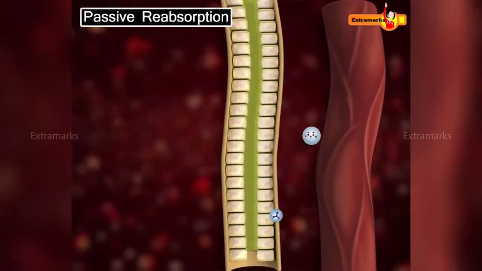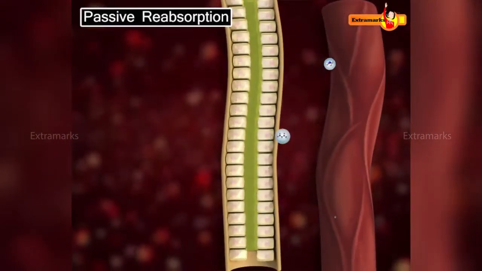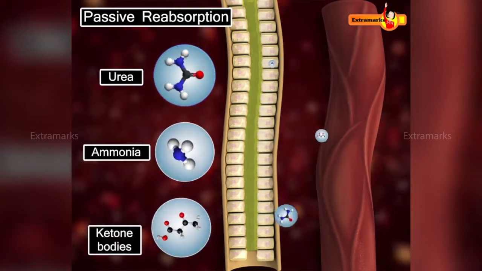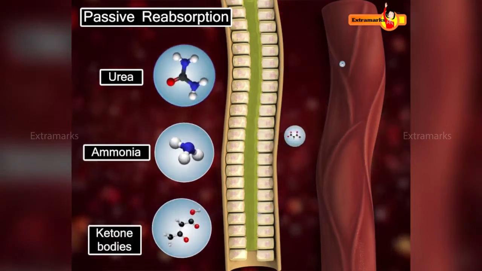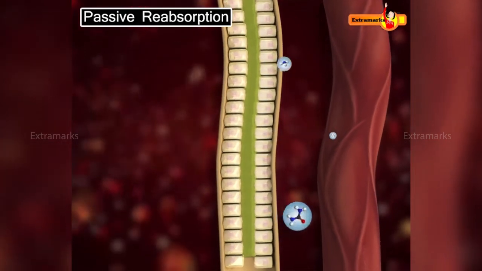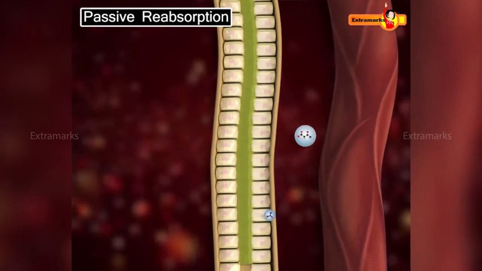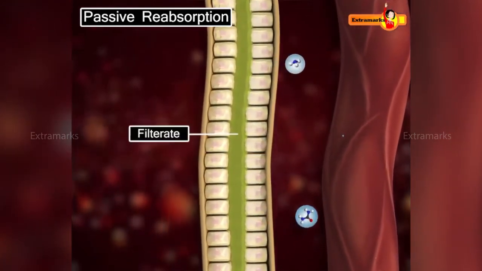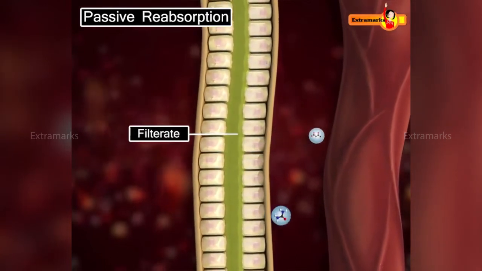While in passive reabsorption, substances like urea, ammonia, and ketone bodies are reabsorbed slowly by the process of diffusion. It continues only when the concentration of the substances in the glomerular filtrate is higher than the concentration in the blood.